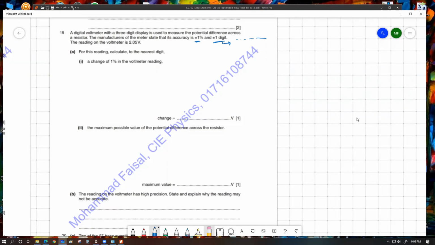আচ্ছা, এখানে ফার্স্ট পার্টটা অ্যাকচুয়ালি খুব সিম্পল। ফর দিস রিডিং ক্যালকুলেট টু দ্য নিয়ারেস্ট ডিজিট দ্য চেঞ্জ অফ 1% ইন দ্য ভোল্টমিটার রিডিং। সো 1% ভোল্টমিটার রিডিং মানে হচ্ছে বেসিক্যালি 1% অফ 2.05, this should become 0.0205 volt.